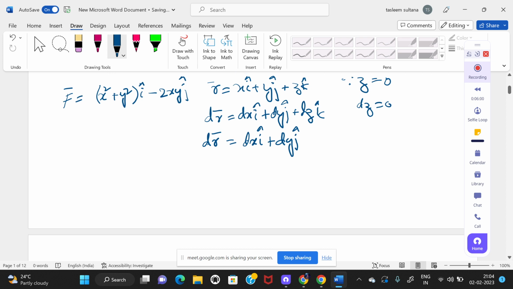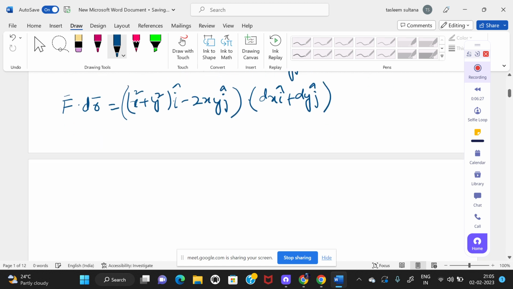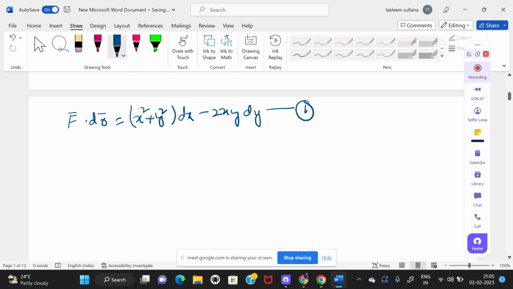Now F vector dot dr vector is equal to (x square plus y square) into dx minus 2xy into dy. Make this equation number 1.